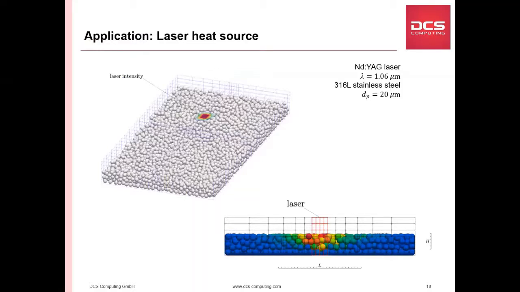However, there is one significant application which is highly one-directional, and it is heat source from a laser. And usually in DEM, if we don't calculate the complicated Monte Carlo view factors, we simulate laser heating only by applying a heat source to the upper layer of particles.